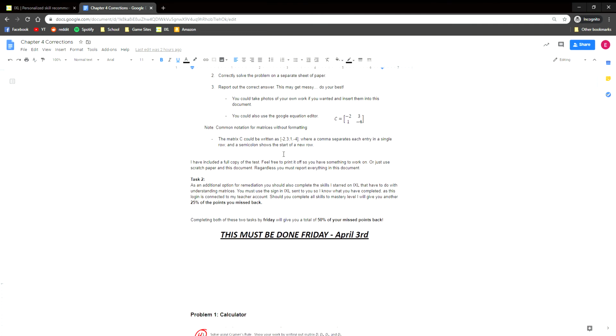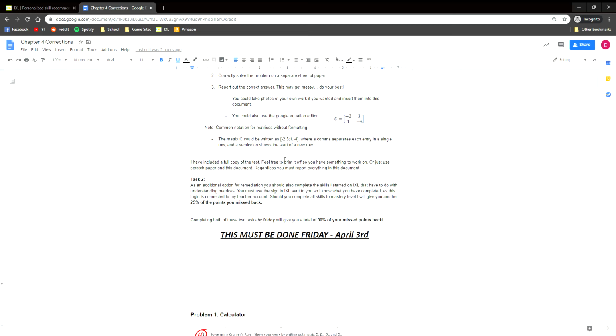Or you could write it out using this notation here. So this matrix C equals -2, 3, 1, -4 would be written like this, where it's bracket -2, comma 3, semicolon 1, comma -4, end bracket. That's standard notation for writing matrices in some math type program, so we'll just use that.